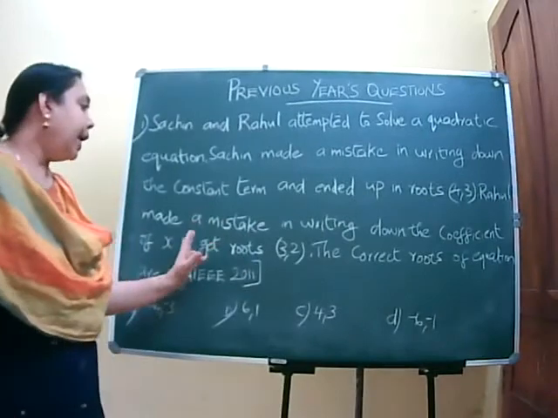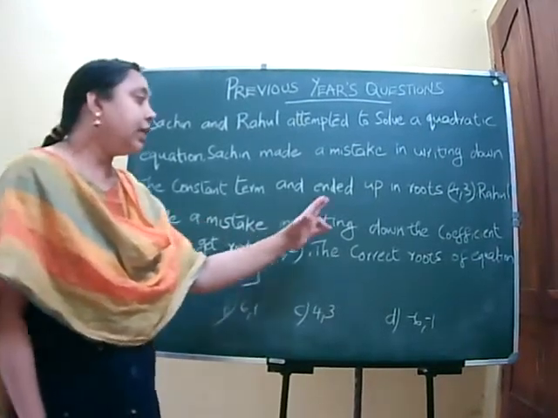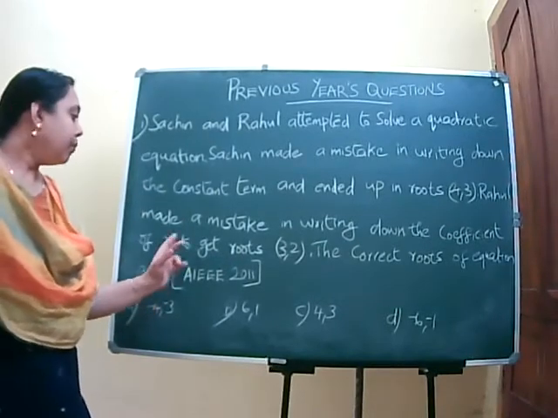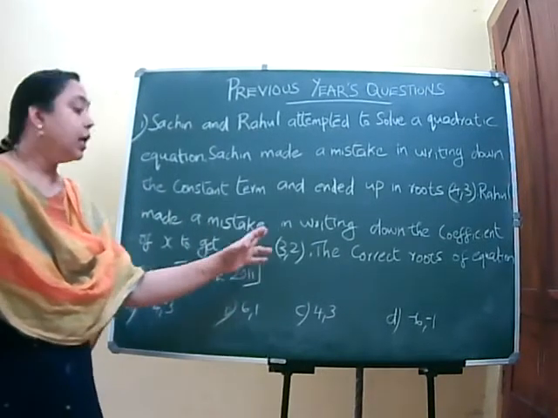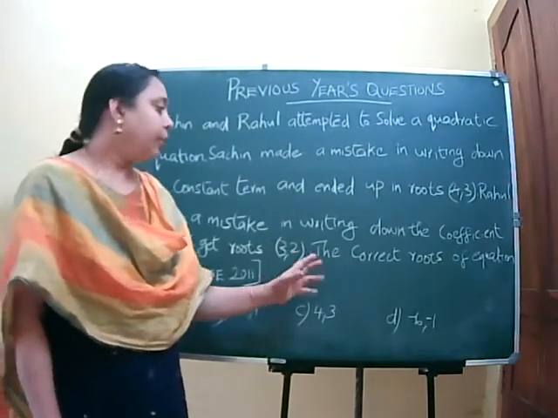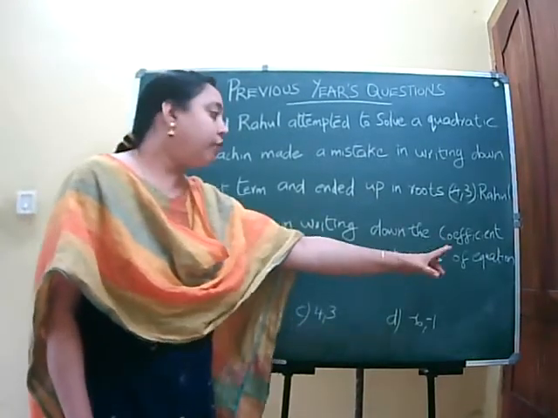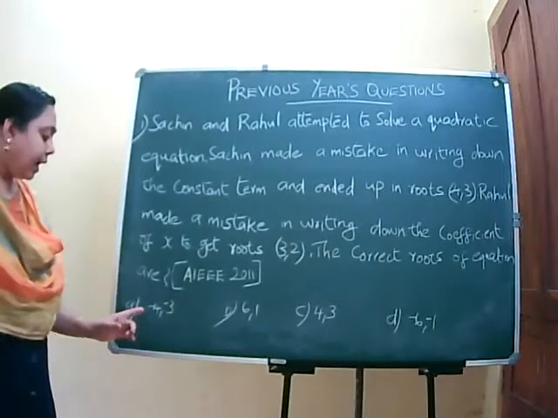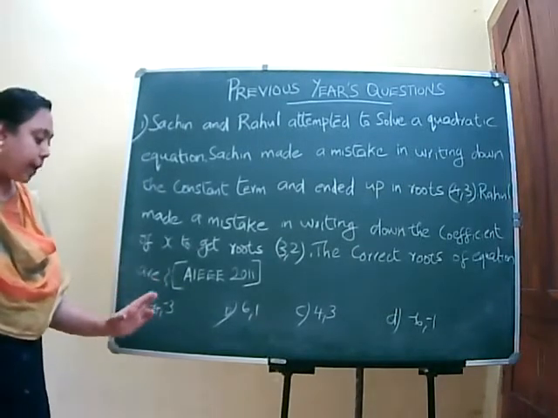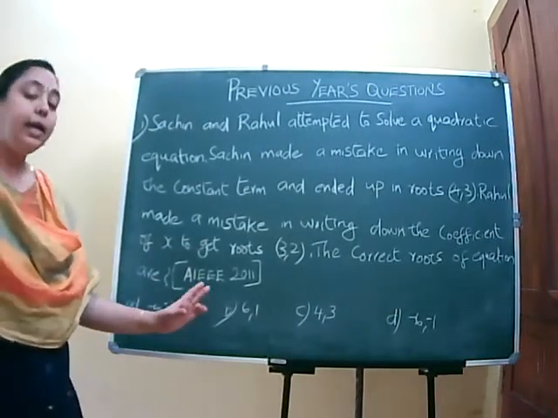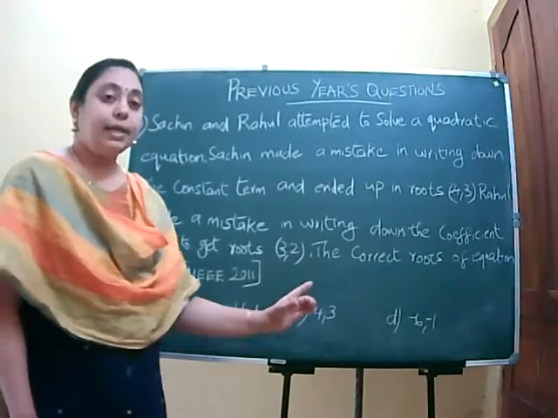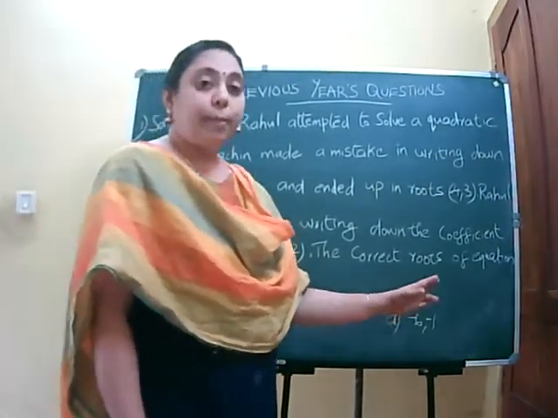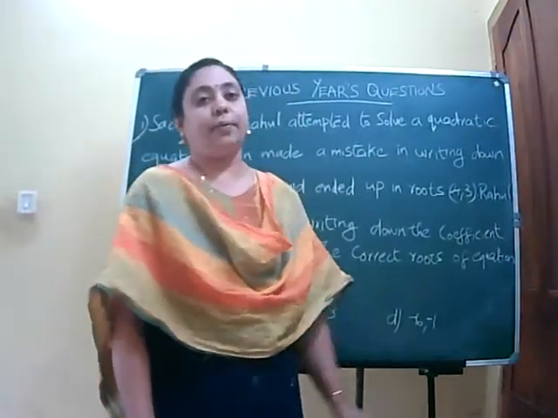Rahul made a mistake in writing down the coefficient of x to get roots 3, 2. The correct roots of the equation are: option A -4, -3; B 6, 1; C 4, 3; and D -6, -1.